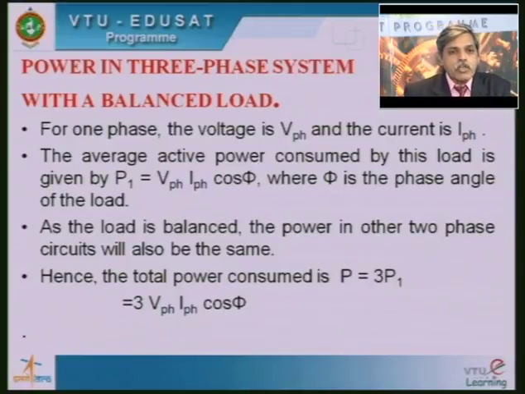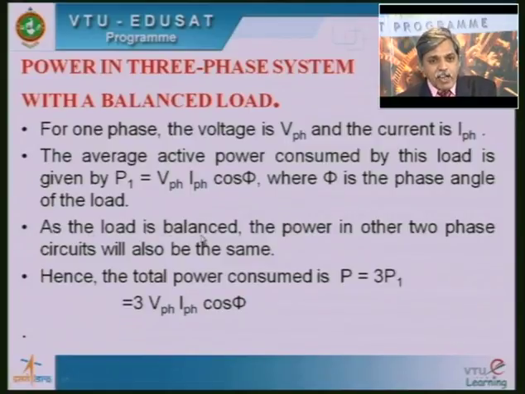The voltage I am giving is the phase voltage, it is drawing a phase current. So, the angle between the voltage and current is phi, which is also equal to the impedance angle of the load. Therefore, V phase I phase cos phi will give you the average power consumed by load 1, that is one phase.